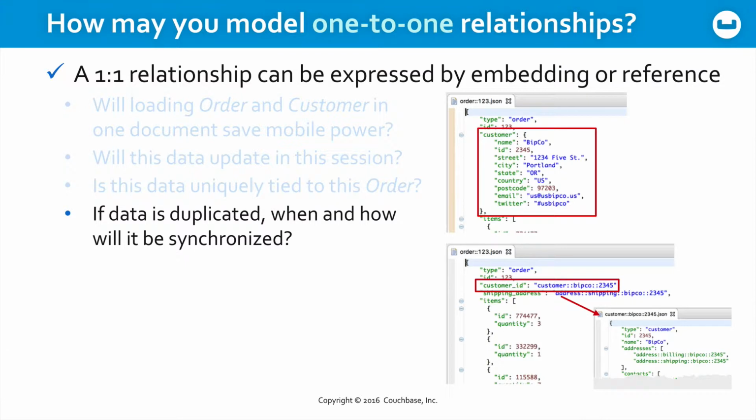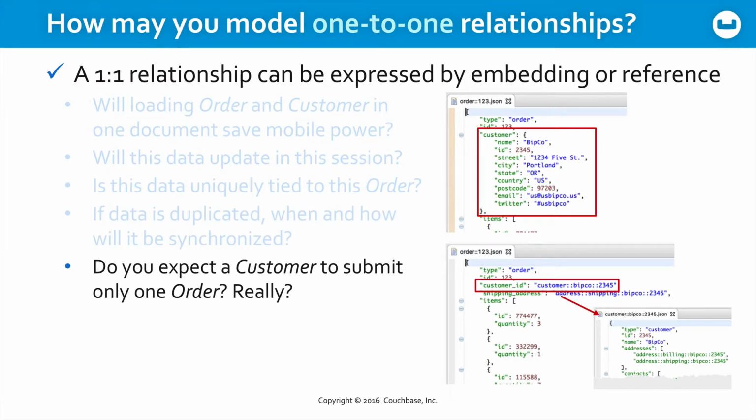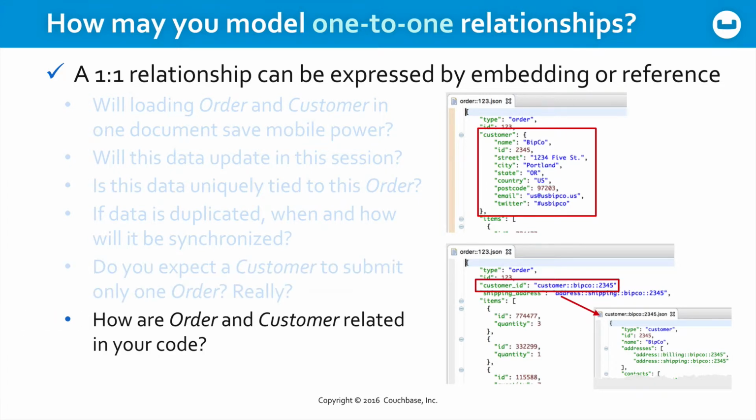If the data ends up being duplicated into an order, does it matter when and how it will be synchronized again? Do you expect a customer to submit only one order? Really? And how are these related in your underlying code? Again, these are questions, not firm answers, because your context is always going to vary at least a bit.